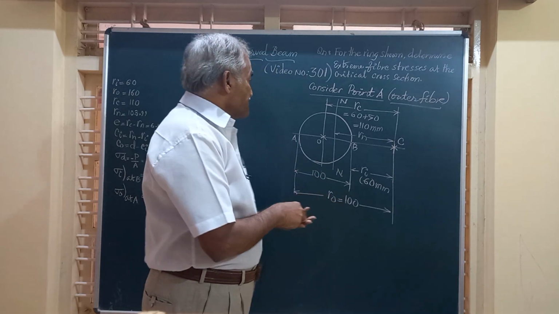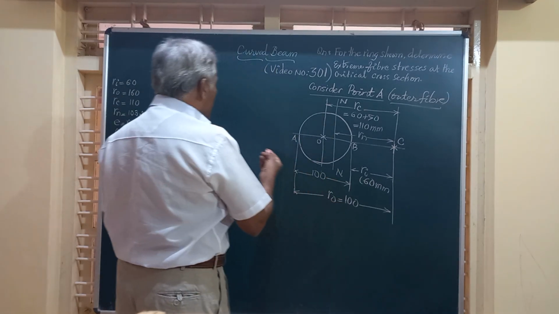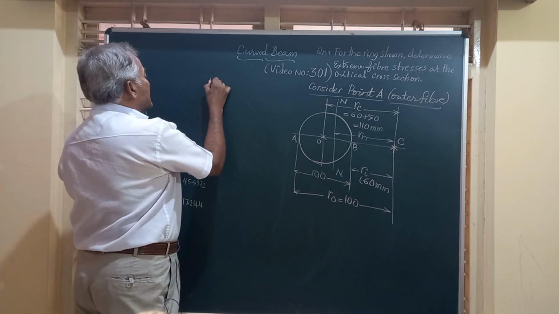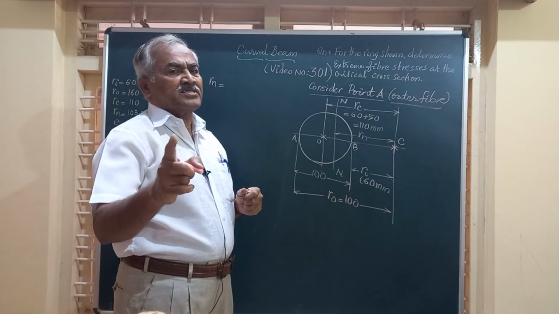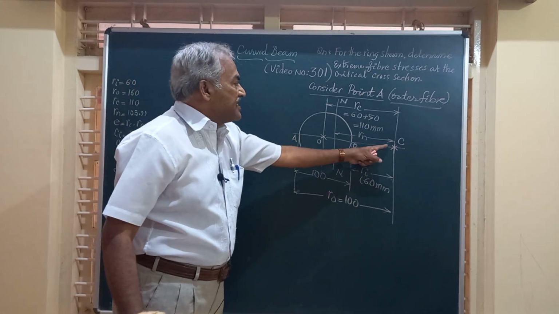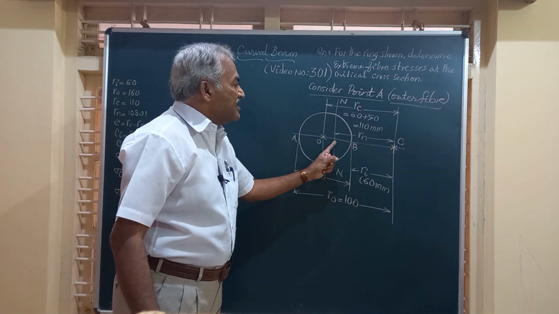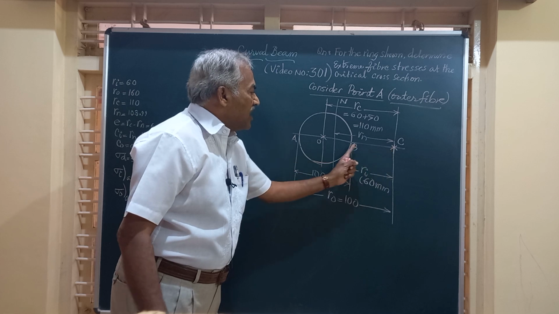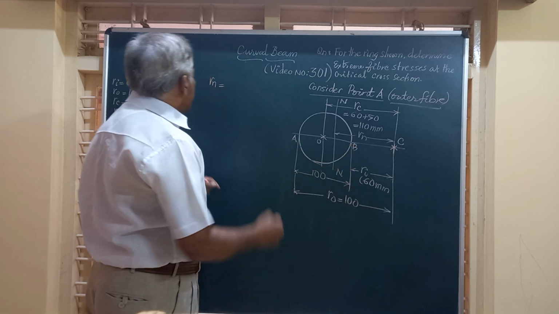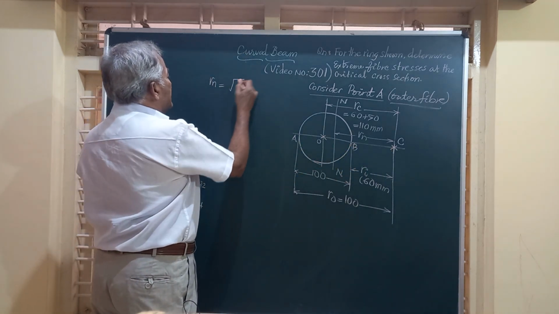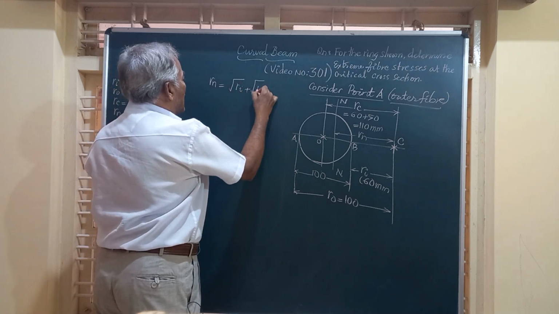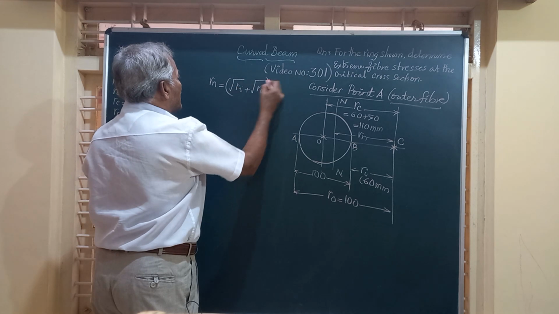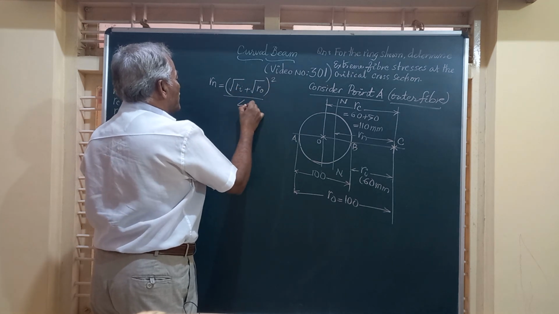Now friends, after getting all this, let us find out what is Rn. Friends, Rn is the distance of the neutral axis from C, from here to here. There is a formula in the handbook. It says Rn is equal to (root Ri plus root R0) whole square divided by 4.